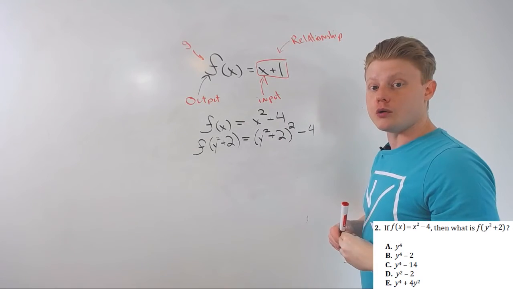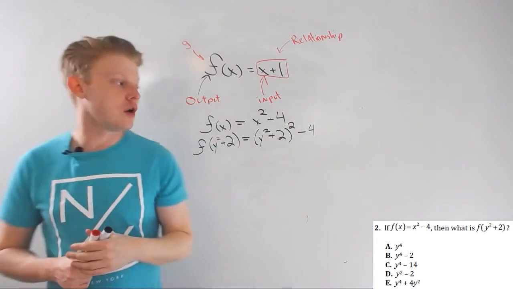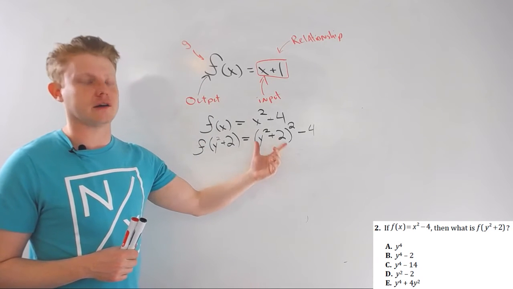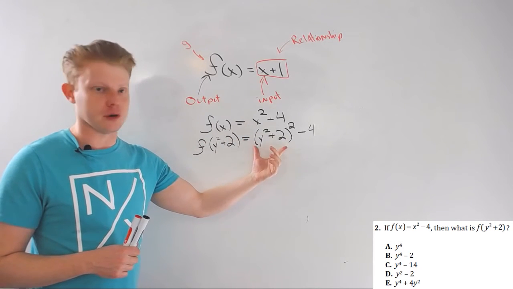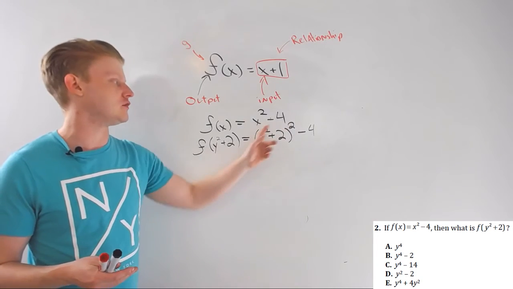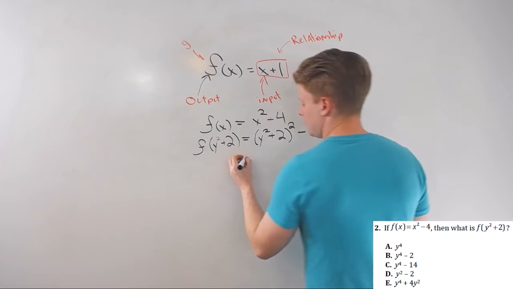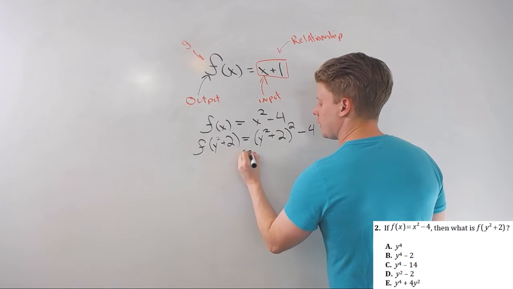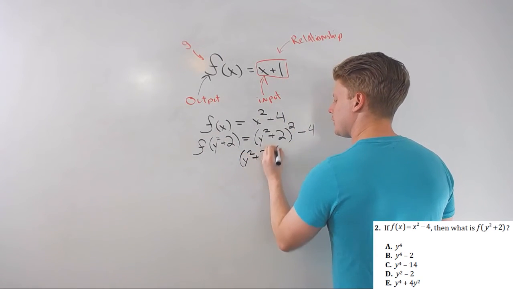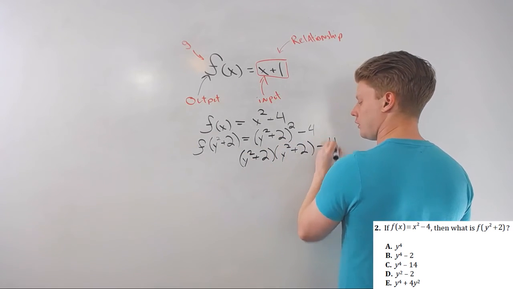Now, if you don't remember from the expanding video in the factoring section, whenever I square a binomial, two terms, I have to multiply it by itself, which means I FOIL. I can't just distribute that. So this becomes y squared plus 2 times y squared plus 2, minus 4.